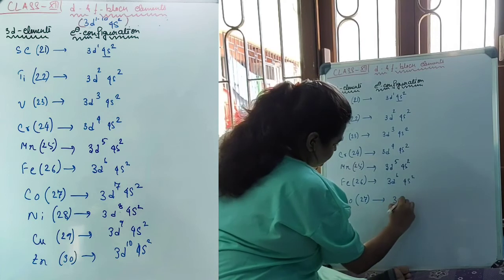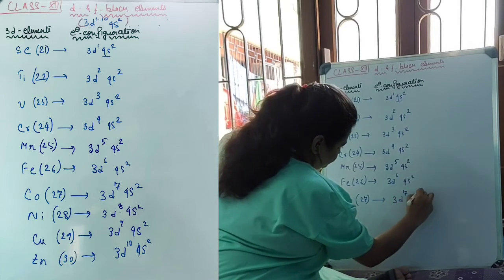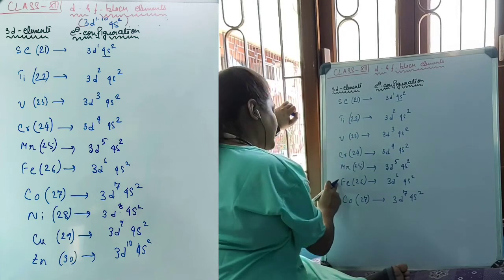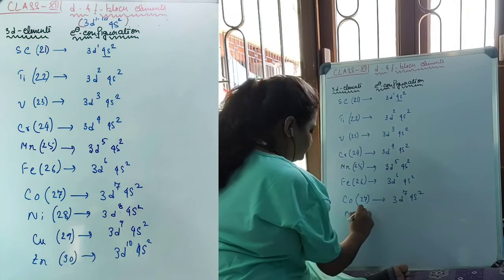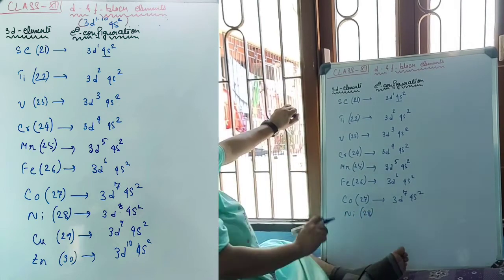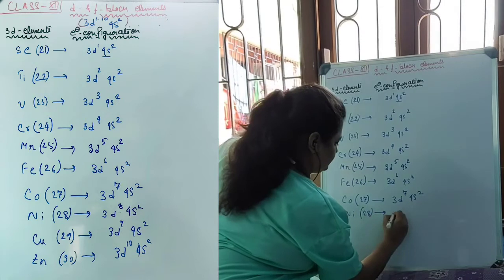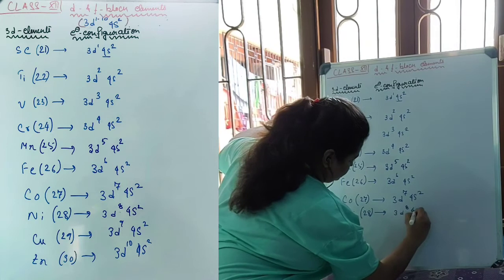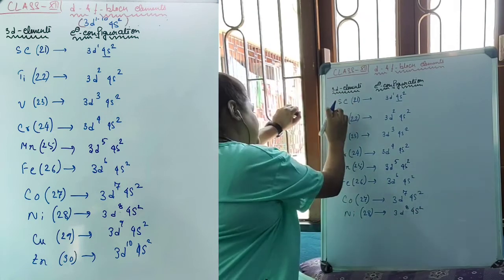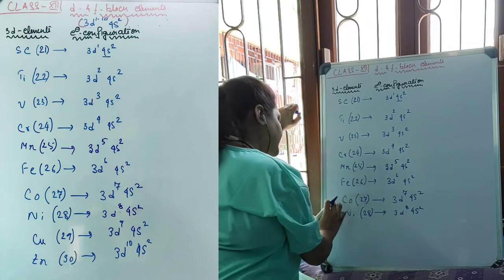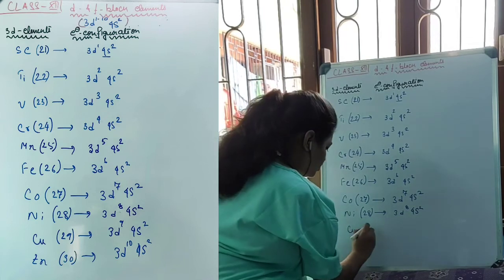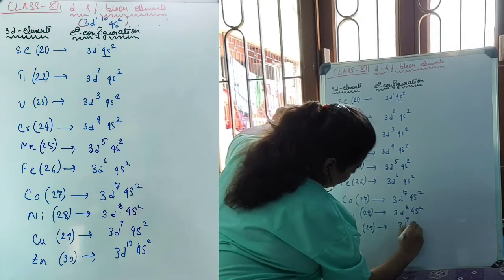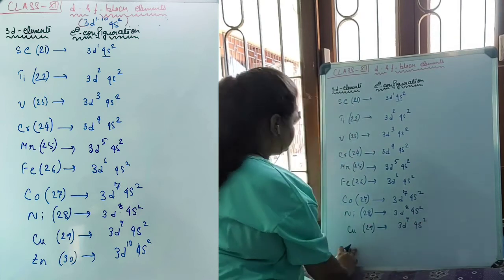Then cobalt, 27, 3d7 4s2. Then nickel, 28, 3d8 4s2. Then copper, 29, 3d9 4s2.